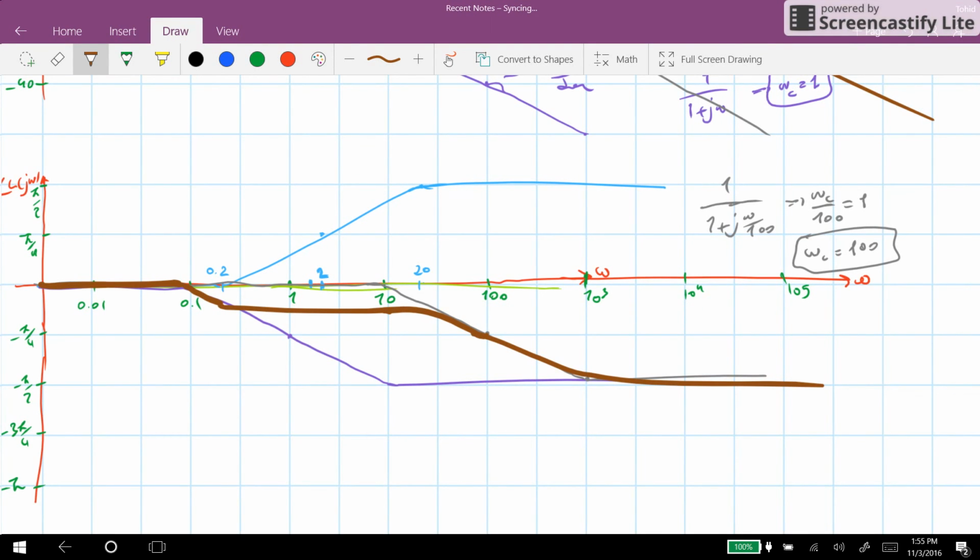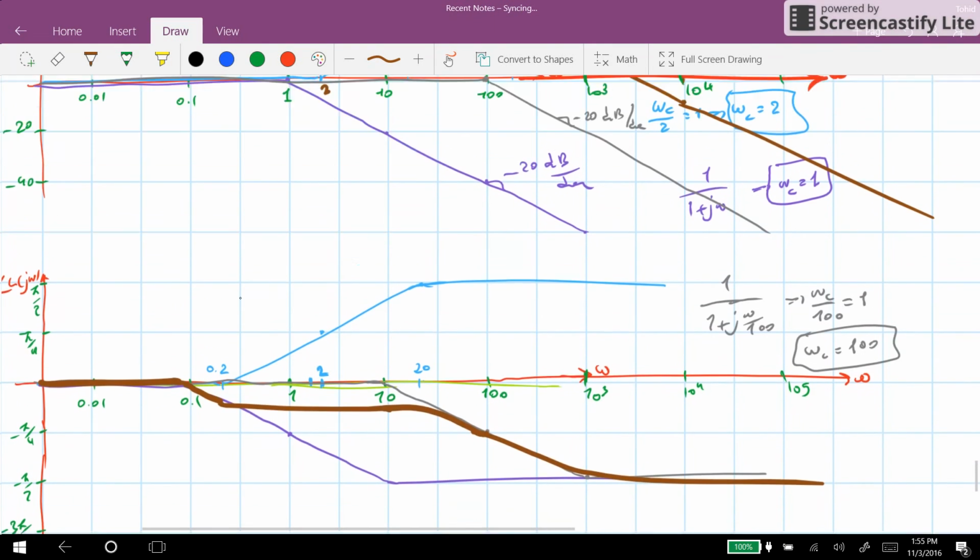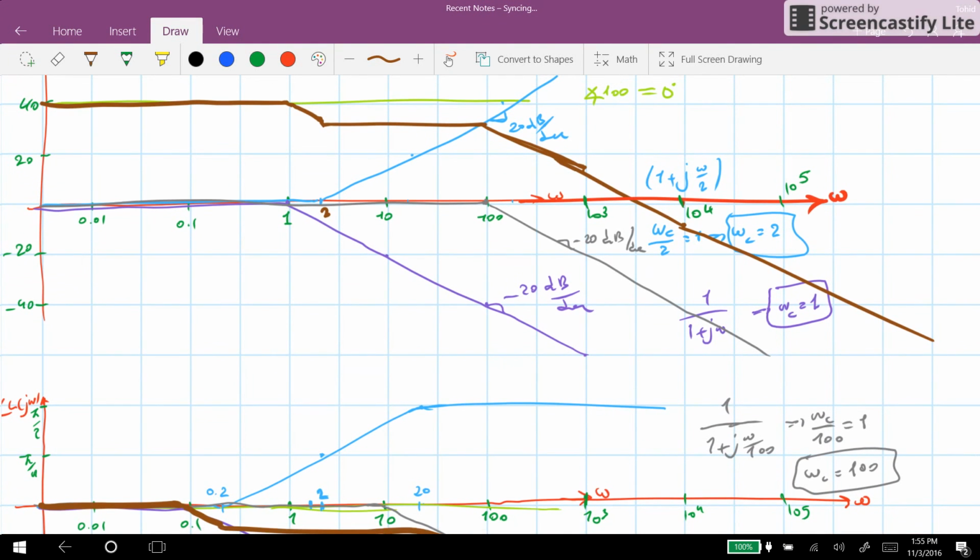Now we need to determine the phase margin and gain margin of the system. To determine the phase margin, we need to find out the crossover frequency for the gain, which as you can see is here. So this is omega c, the crossover frequency for the gain, which may be somewhere around, so we have 10 to the power of 3, 10 to the power of 4 here, so it may be something like 4,000 radian per second.